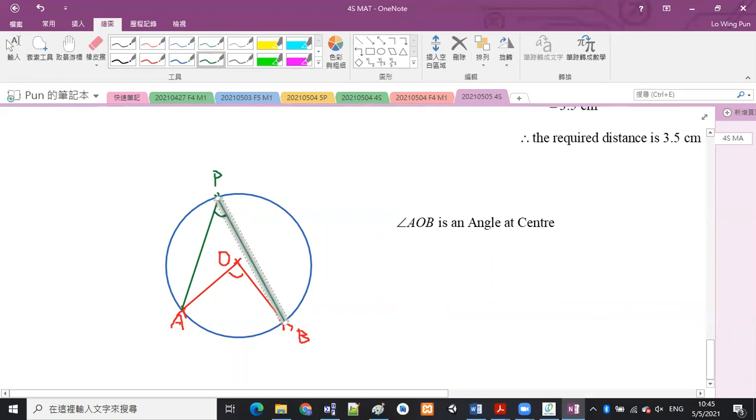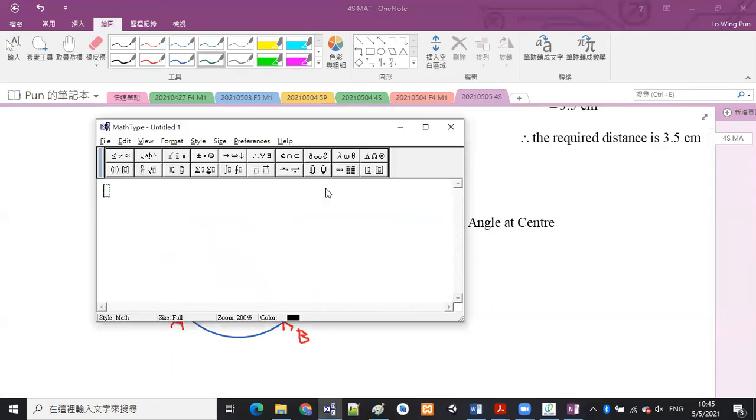This angle APB is an angle. The angle point is on the circumference of the circle. So this angle is called an angle at circumference. Okay? So angle APB is an angle at circumference.